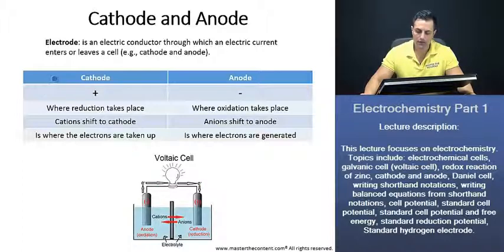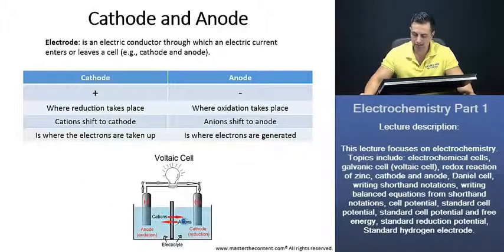Okay, great. So let's talk a little bit about the cathode first, then we'll talk about the anode. The cathode is given a positive sign, just as we see here. This is where reduction takes place, and the cations shift to the cathode.